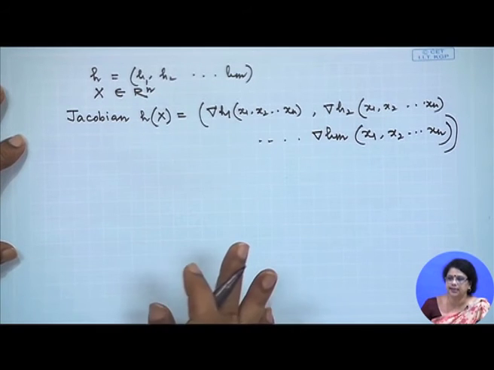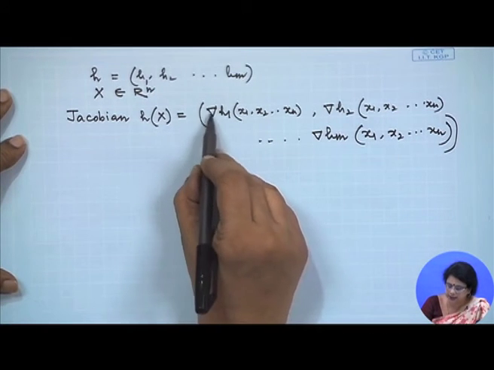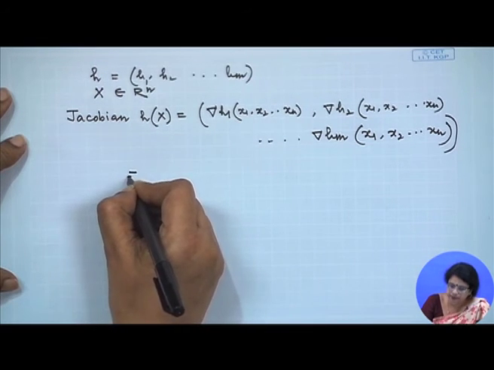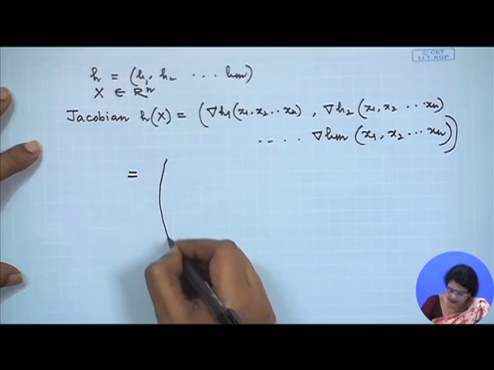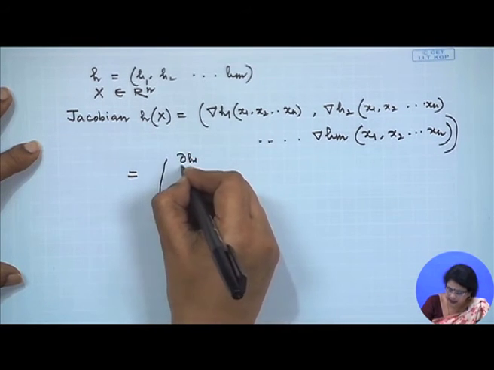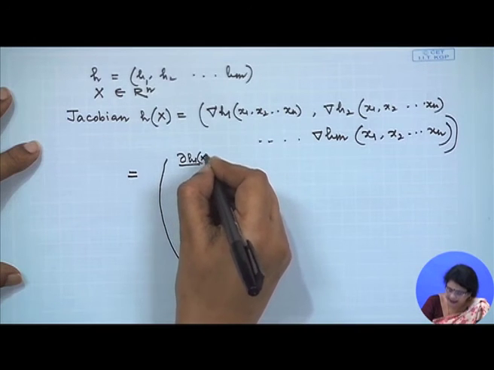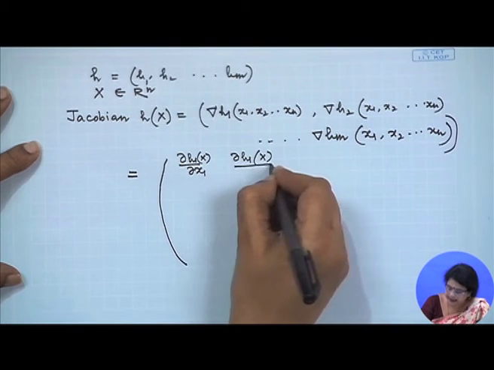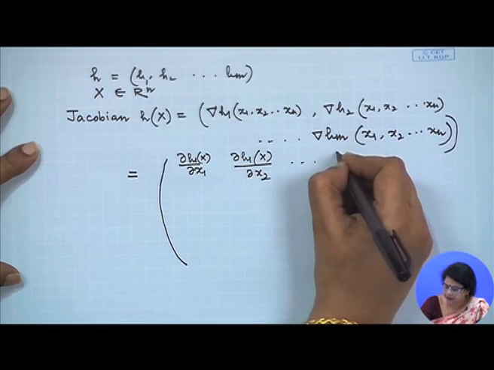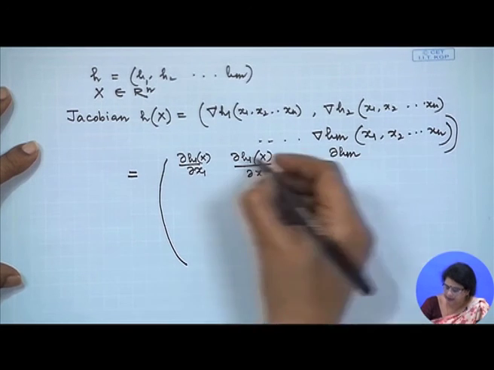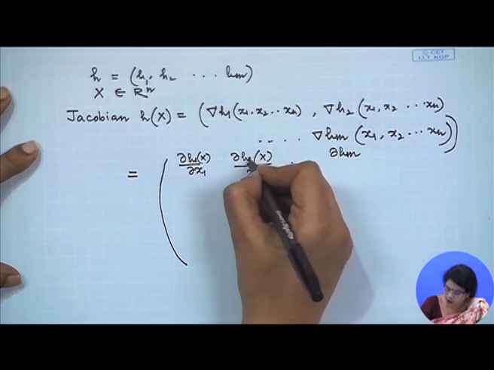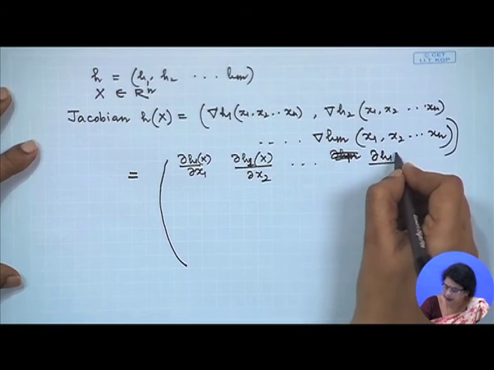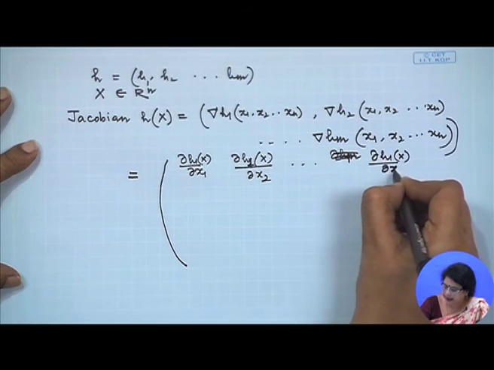But why did we say that this is a matrix? Because when we write down grad of H1 with x1, x2, up to xn, we can write the whole matrix as del H1 by del x1, del H1 by del x2, and the last term is del H1 by del xn.